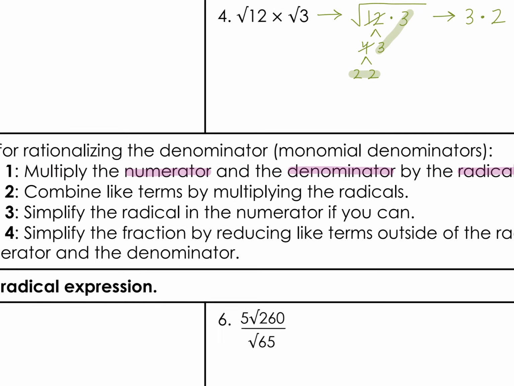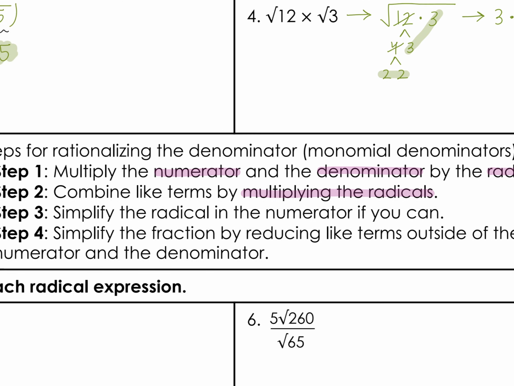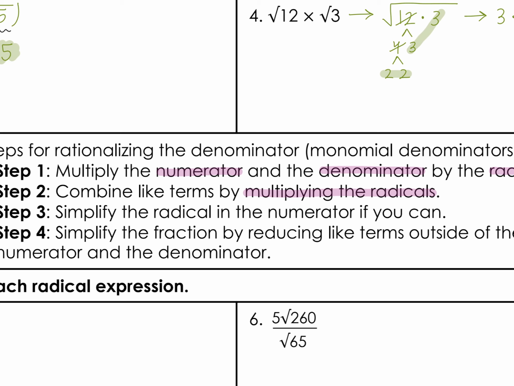Then we move into step 2, which tells us to combine like terms by multiplying the radicals. In step 3, you are told to simplify the radical in the numerator, because if you are doing this correctly, you shouldn't have a radical in the denominator. So simplify the one in the numerator if you can.